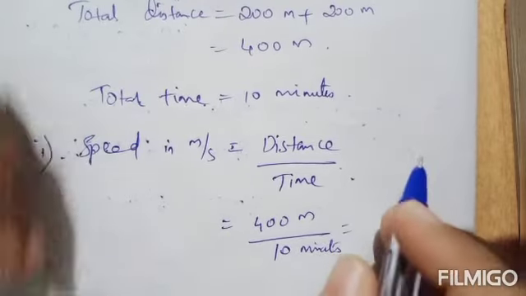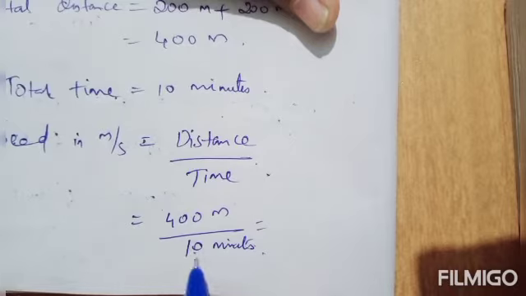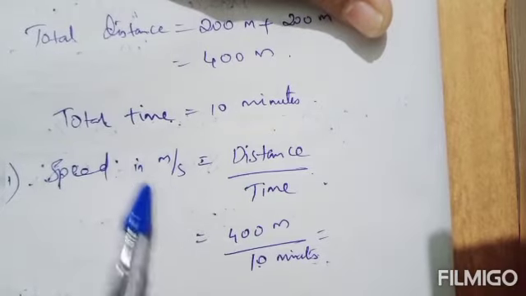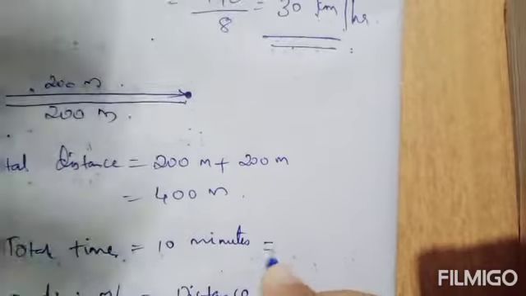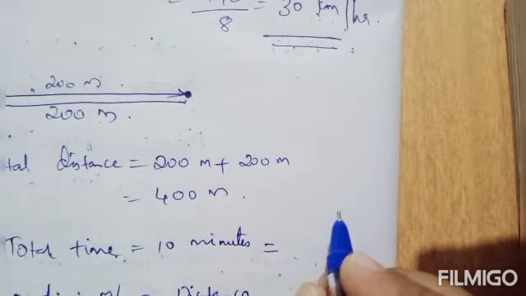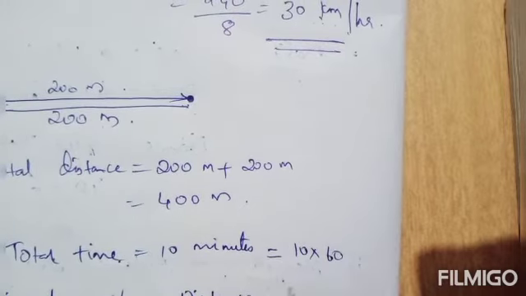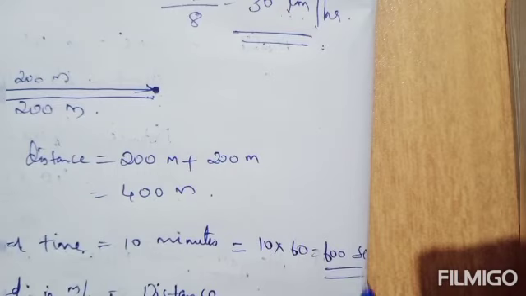Okay, so this is in minutes, so we can convert this to second. We have to find the speed in meter per second. So this 10 minutes we can convert to second. 1 minute is 60 seconds, so 10 minutes it is 10 into 60, you will get 600 second.